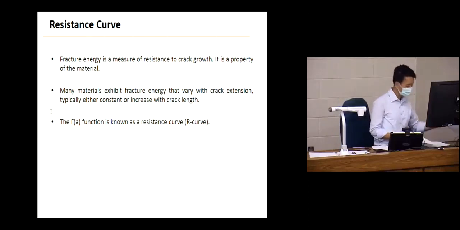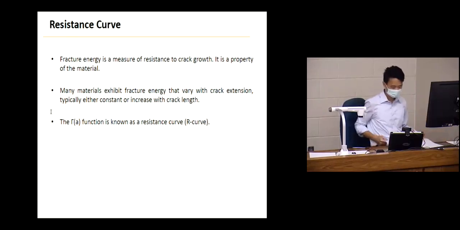It's related to the fracture energy. We know that the fracture energy is a measure of the fracture resistance. And many materials actually exhibit an increase in fracture energy when the crack length increases, right? If the crack extends, the fracture energy goes up.